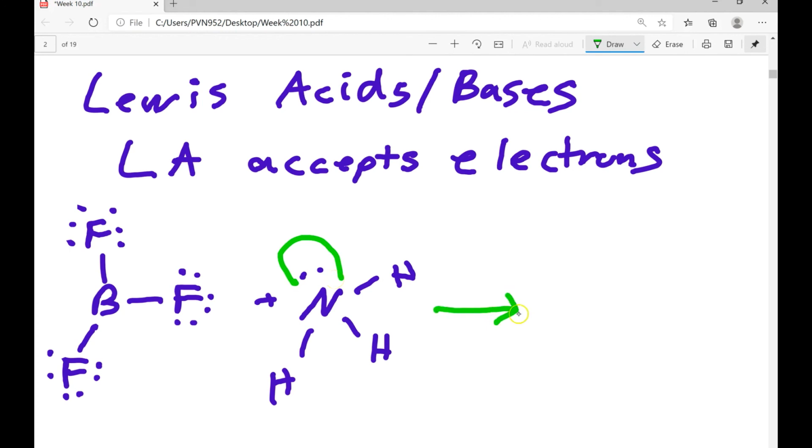The way this reaction works, where BF3 reacts with NH3, is that boron can actually accept additional electrons, because note it only has 6 electrons, so the boron can get this lone pair from the nitrogen, and it can form a complex that looks like this.